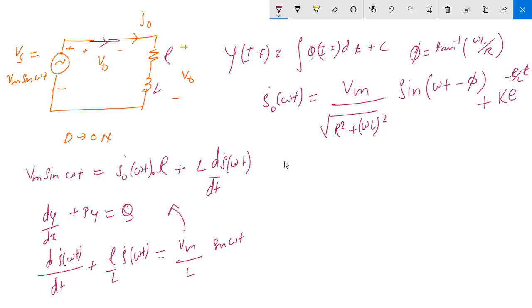Now, put omega t equal to 0; the current is 0.